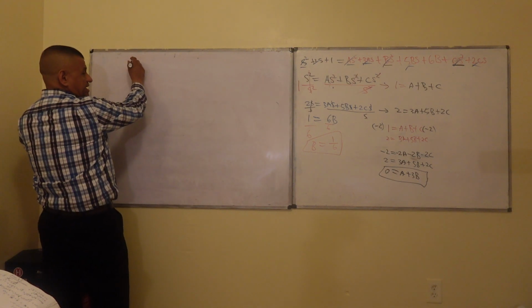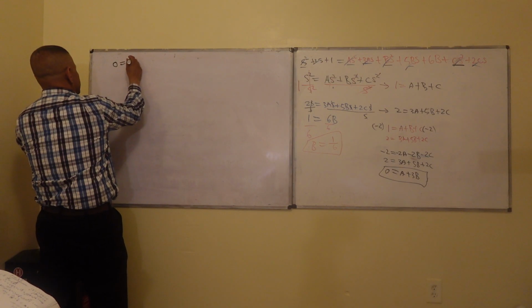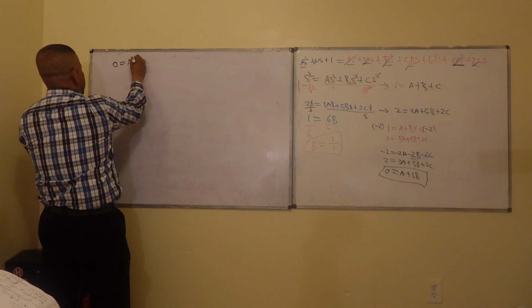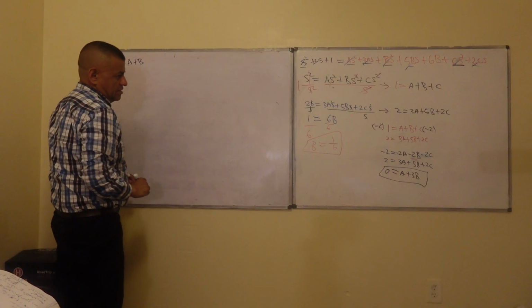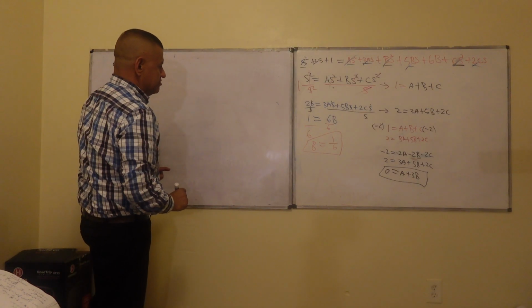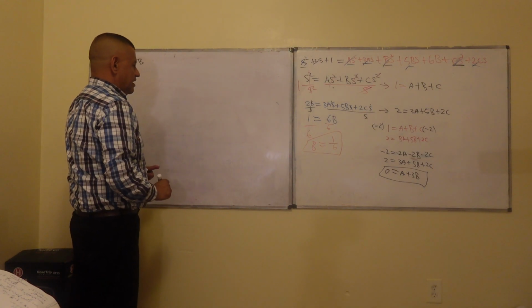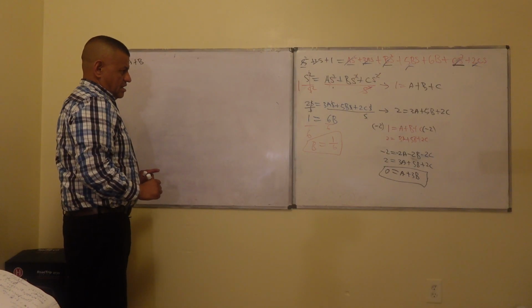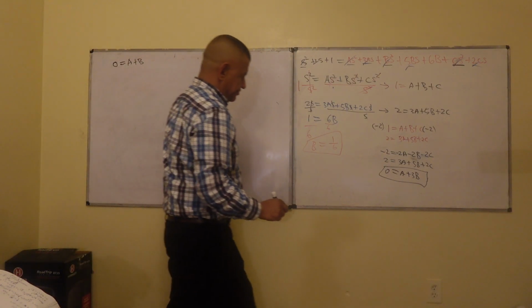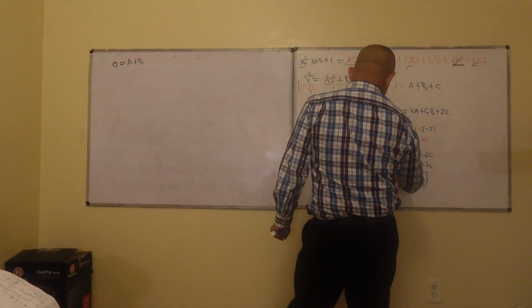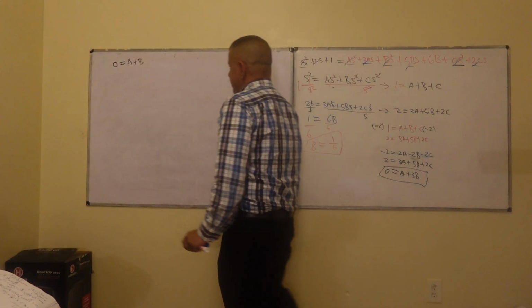So what I can do now is, I said 0 is equal to A plus 3B. I know what my B is.